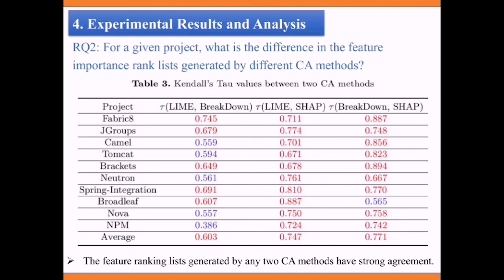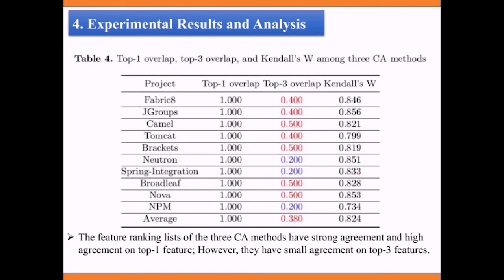Table 3 shows that the feature ranking lists generated by any two CA methods have a strong agreement. And Table 4 shows that the feature ranking lists of three CA methods have strong agreement and high agreement on the top 1 feature. However, they have small agreement on the top 3 features.